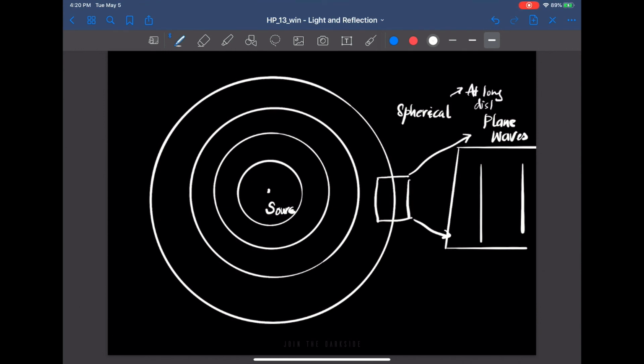Why do we say long distances? For example, when you're nearly in front of the light itself, it has really small wavelengths with really high frequencies sometimes. But visible light has a lambda value that ranges from 400 nanometers to 700 nanometers, which means that the wavelength is really small. So these are really close to each other.